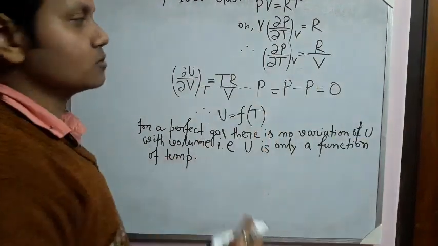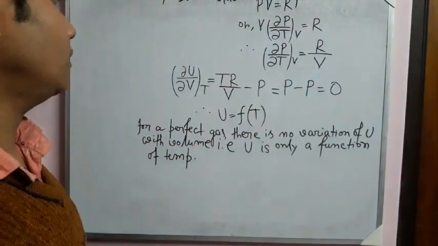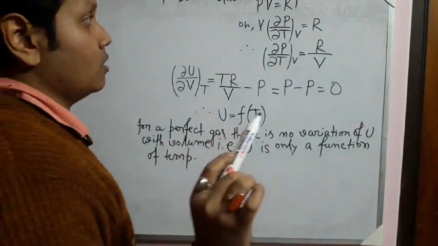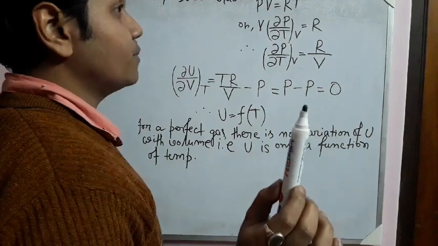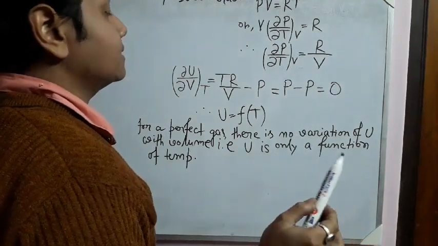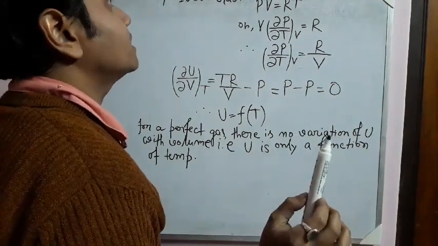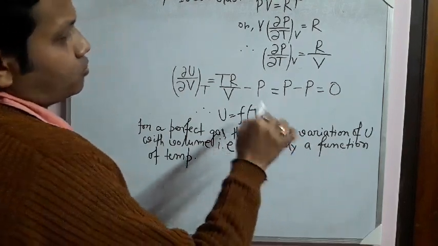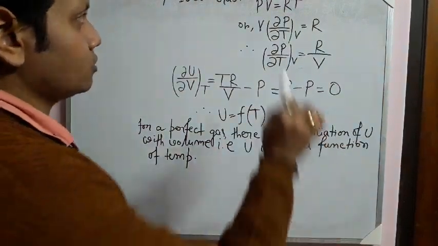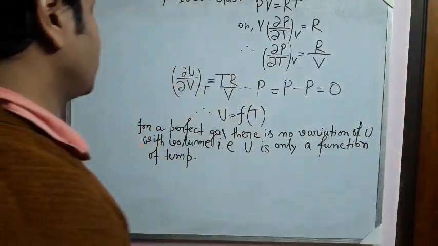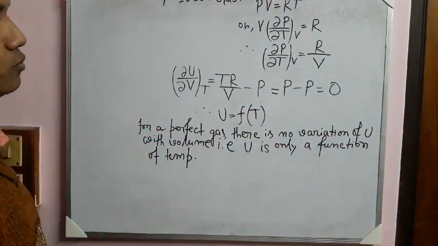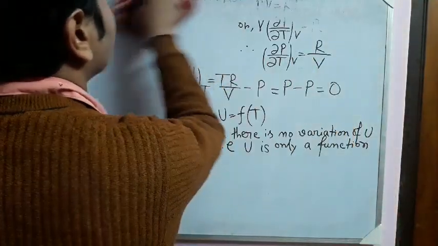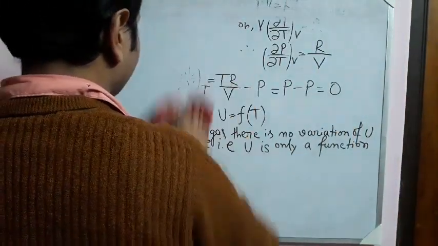This you all know, and if you are asked to show why U depends upon T, that is, to show that internal energy is a function of temperature only, you can do it this way. So for a perfect gas, U is a function of temperature only.